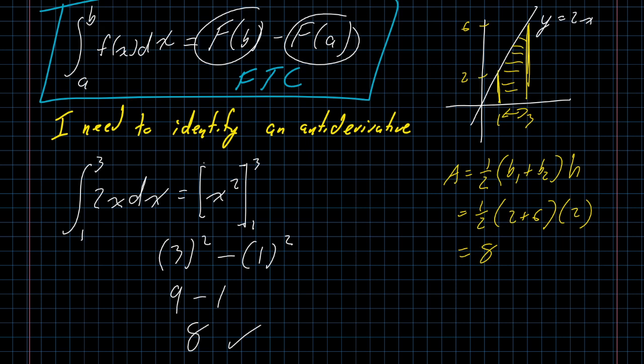One of the troubling things about this whole process is that I need to identify an antiderivative. And I know that the derivative of x squared is equal to 2x. But x squared is not the only function whose derivative is 2x.